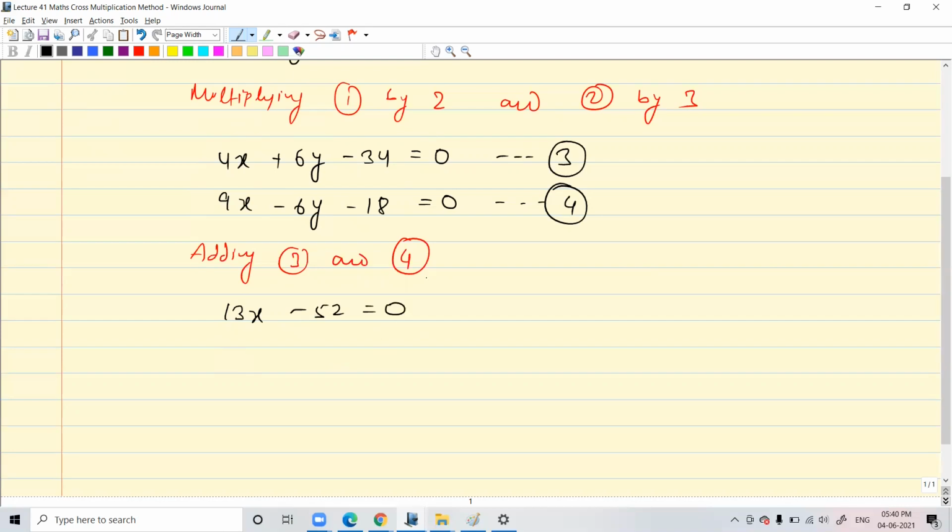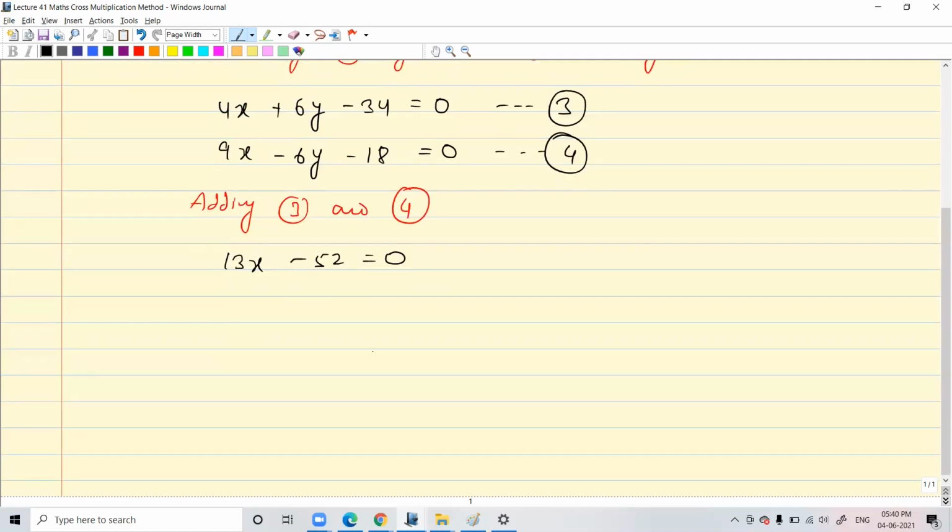Yes, it's correct, okay. So 13x minus 52 is equal to 0. So x will be equal to what? Send 52 to the other side. This you people know, right? So I'll just write it as x is equal to, yes.